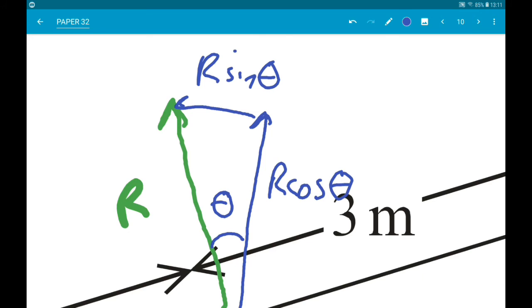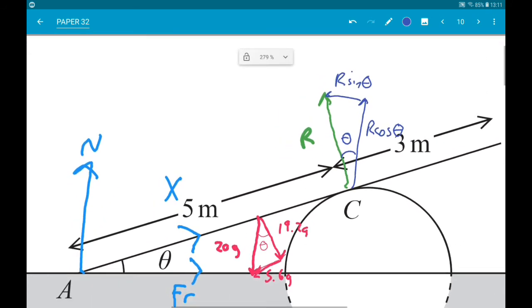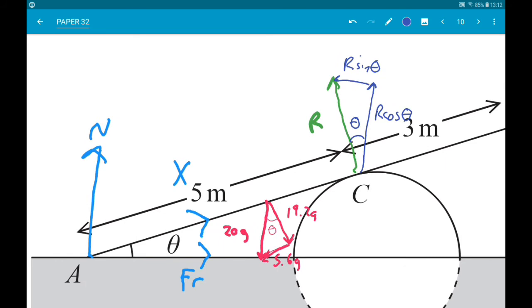So, this is important because we have a vertical component at A and a horizontal component to the right.